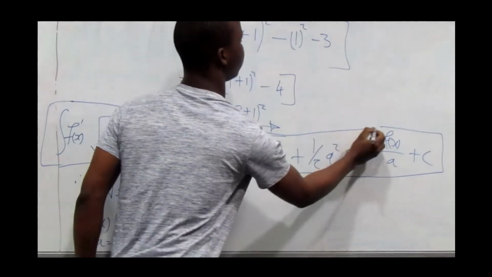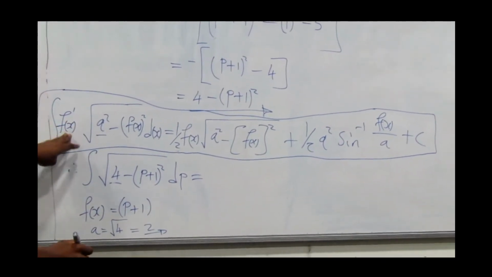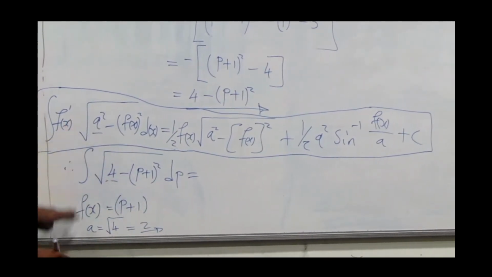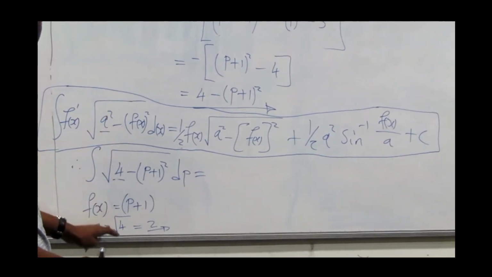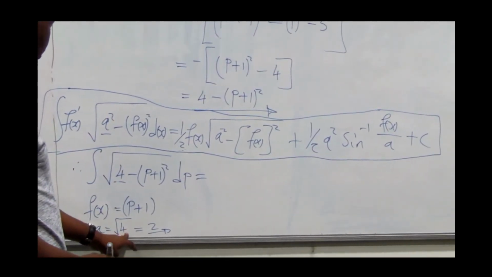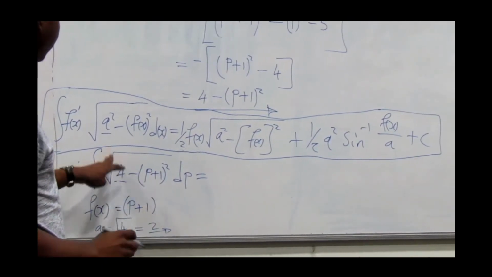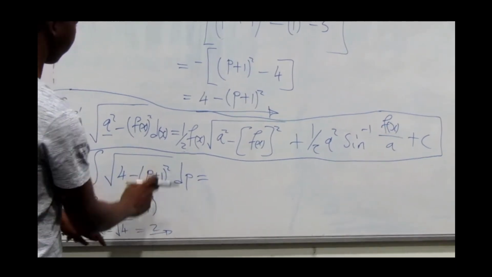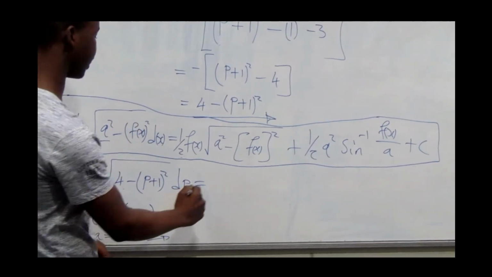Here it says f prime x; when you differentiate p plus 1, we get 1, which is the 1 here. Our a squared is 4, the root of 4 is 2, so when we substitute 2 here, we have to get 4. Then our f of x is p plus 1. Here it is, we substitute accordingly.